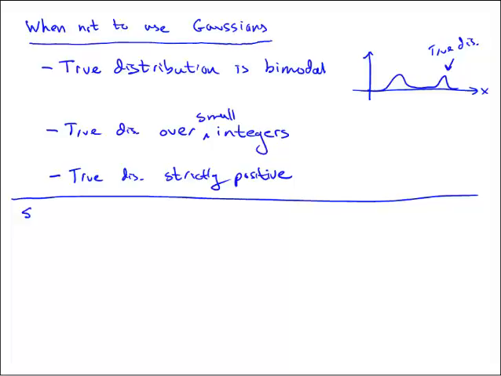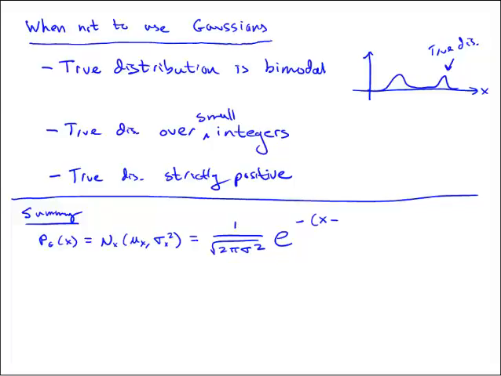So as a quick summary of our important points, we had that 1, a Gaussian was written, first of all, in shorthand as N sub x of mu sub x and sigma squared sub x. And the actual mathematical form was 1 over square root of 2 pi sigma squared times e to the minus x minus mu quantity squared all over 2 sigma squared.